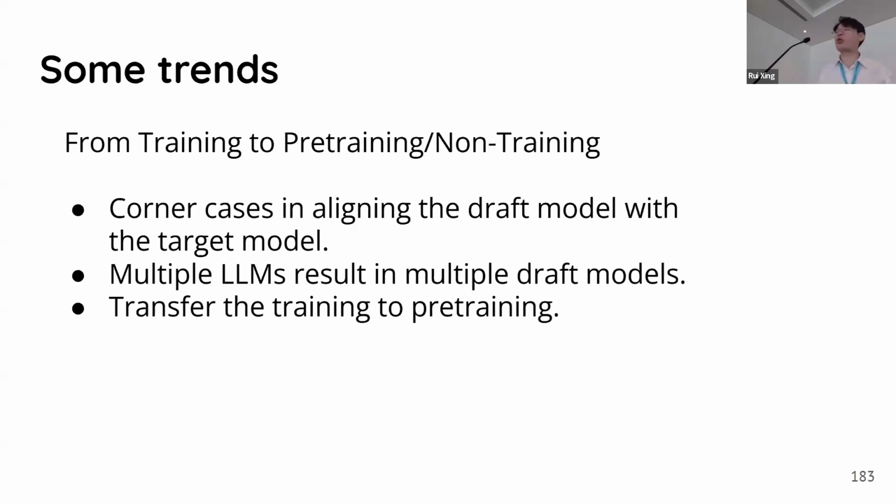Now the trend is to transfer the training to the pre-training stage. We could imagine that if the large language model has the ability to predict multiple tokens in each decoding step from the pre-training stage, then once the large language model is released, we don't need to train a draft model, right? Because we could just use the large language model itself as the draft model.